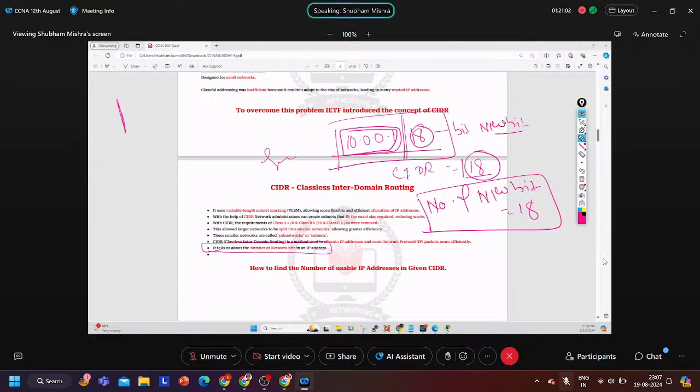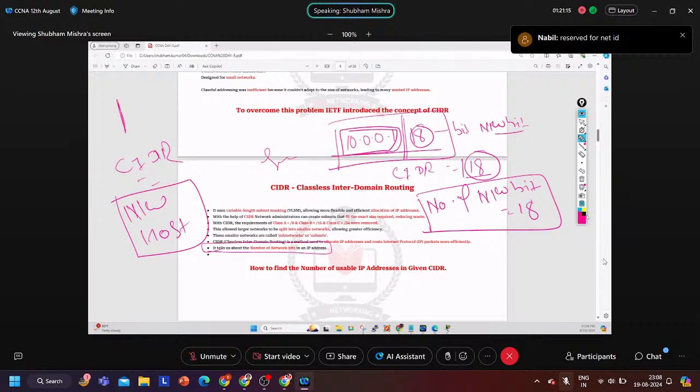Again, one thing: if you know the CIDR value, you can easily calculate the network bits as well as the host bits. Are you guys agreed?